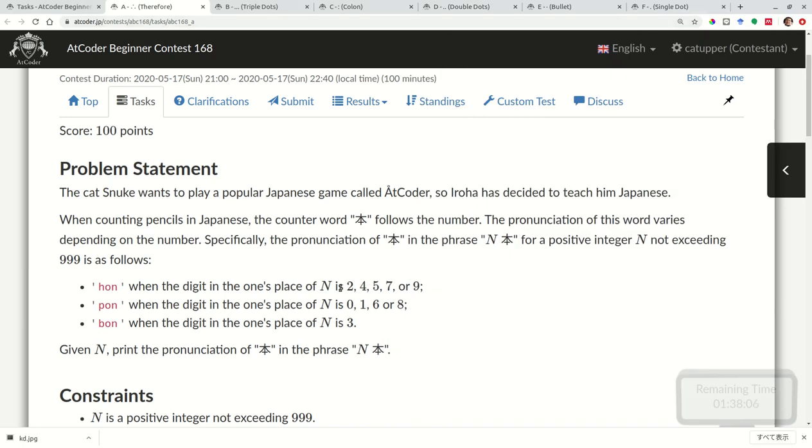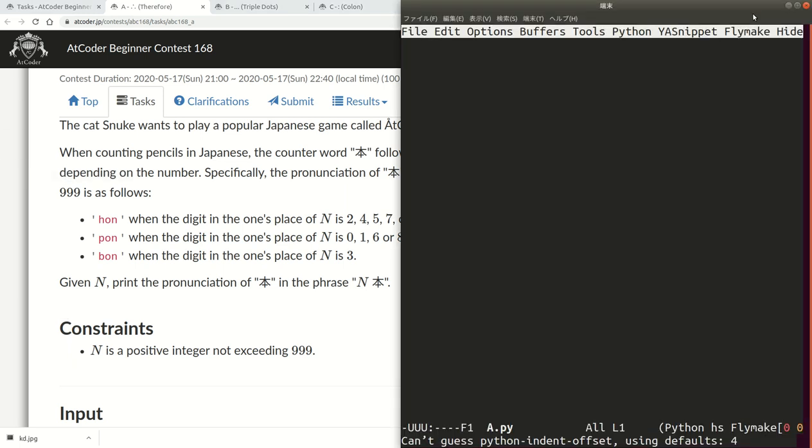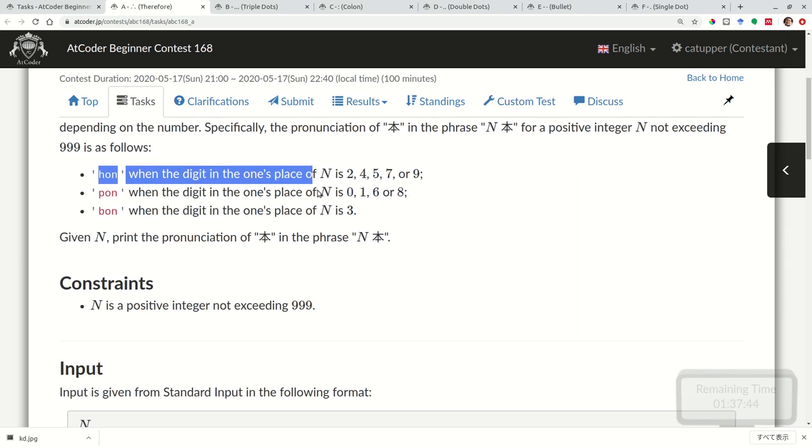So just get N and calculate the ones digit. It's just dividing by 10 and taking the modulo. So N is input, if N mod 10 in... This is the useful functionality of Python. You can use in statements.